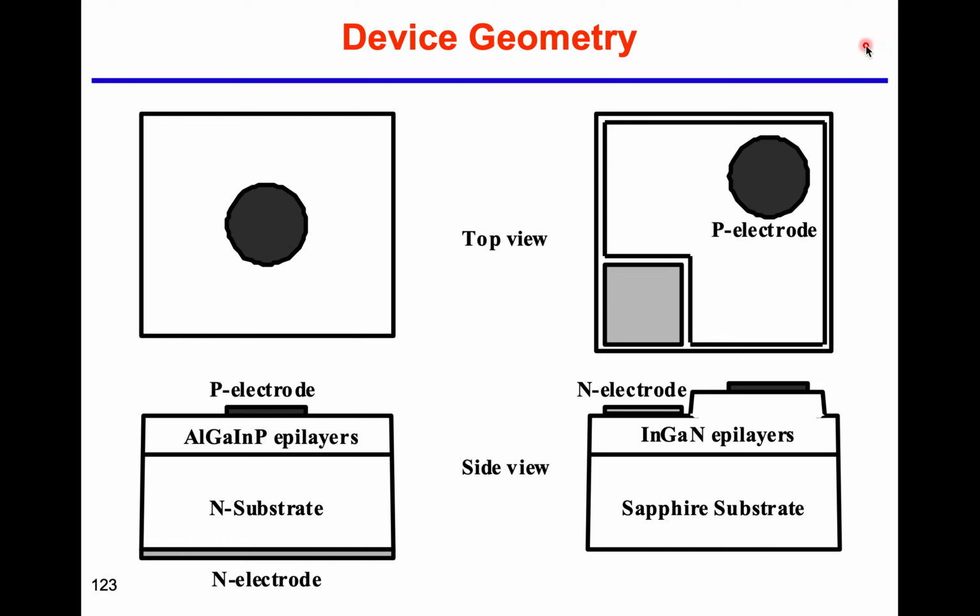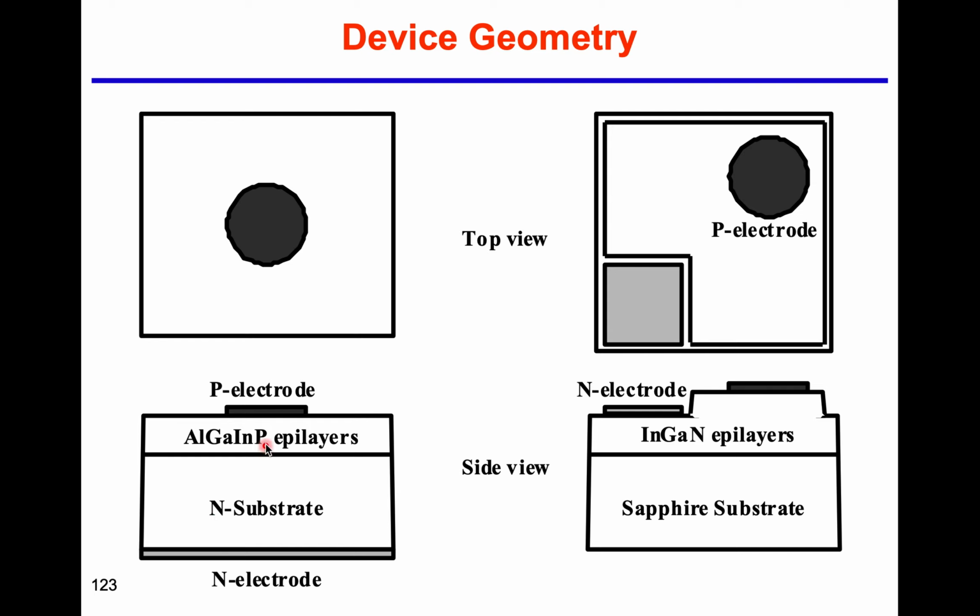So that is the material part. We can do the epitaxial growth by MOCVD, metal organic chemical vapor deposition. Then we go to the device structure, and there are two kinds of structure. One is for the phosphide system, which we can typically fabricate on a gallium arsenide or gallium phosphide substrate.